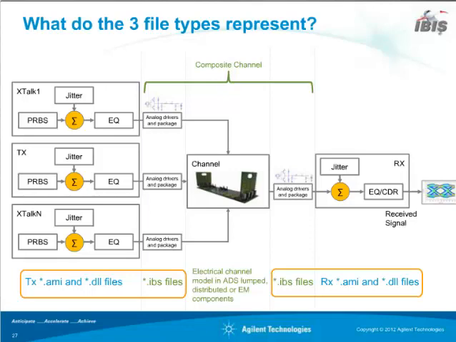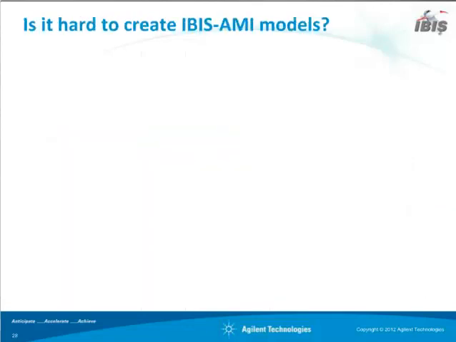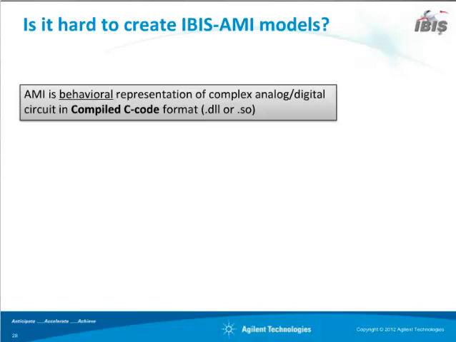So we've talked about IBIS AMI files. Of course, the good question is, is it hard to create these files? Well, AMI is a behavioral representation of a complex analog digital DSP type function, and it is in compiled C code. So there's the target, if you like.